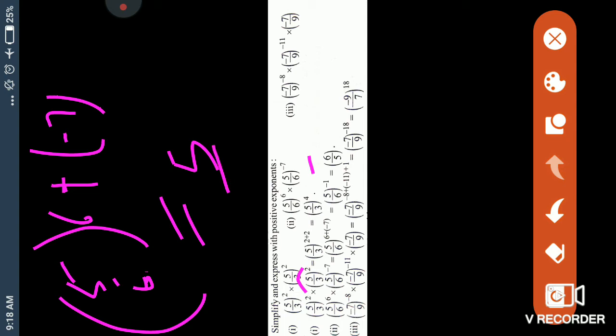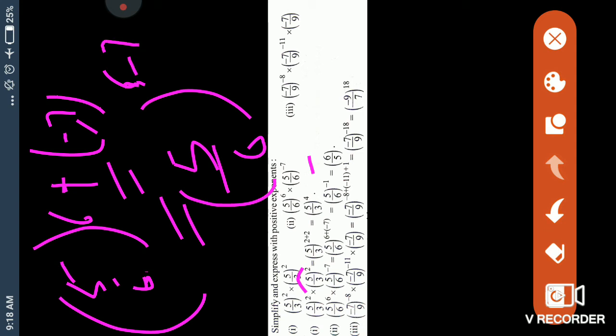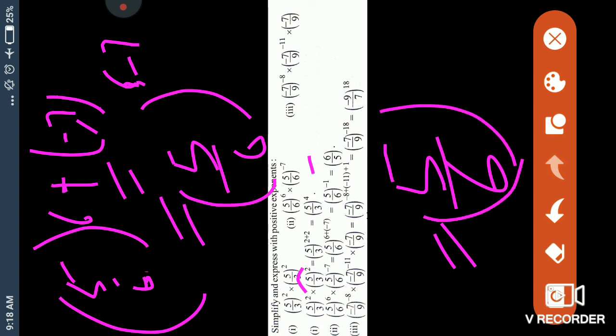We subtract 6 from 7, one minus will remain: 6 minus 7 means minus 1, and since 7 is greater, the minus sign goes here. So we will take the reciprocal: 5/6 will change into 6/5. The power 1 is not shown on any number, because (6/5) to the power 1 means 6/5. It is the answer.